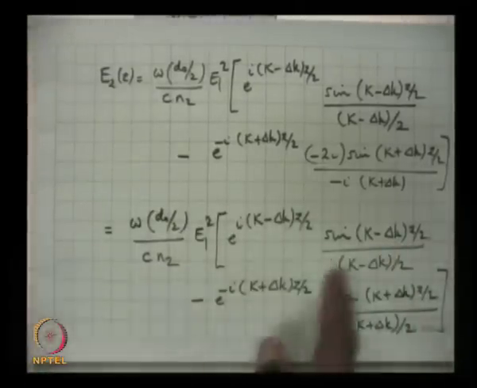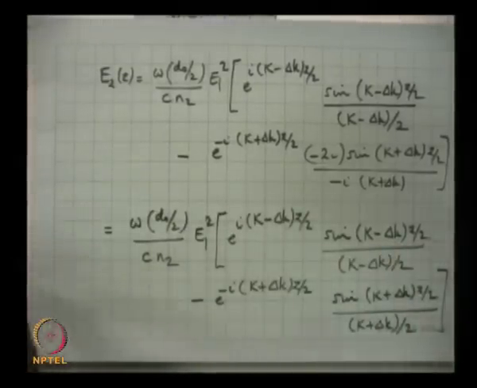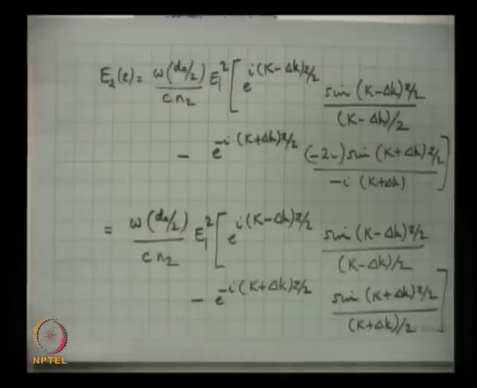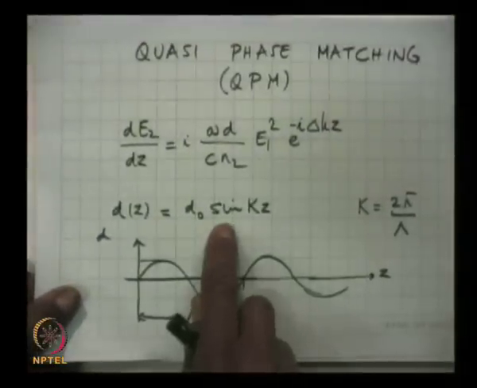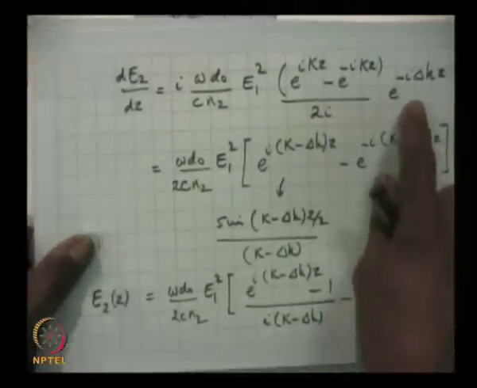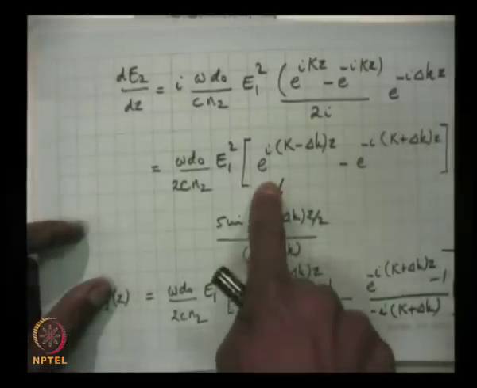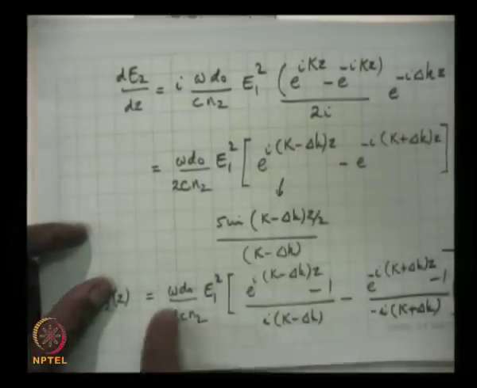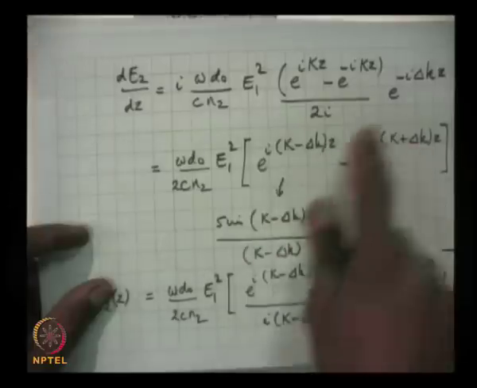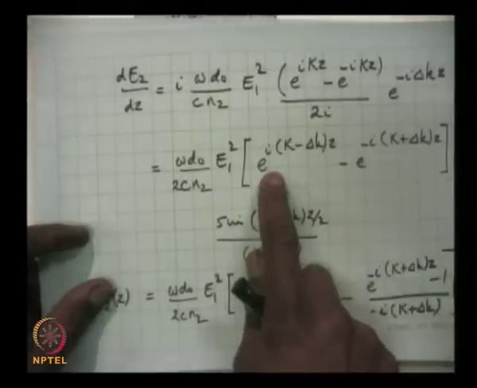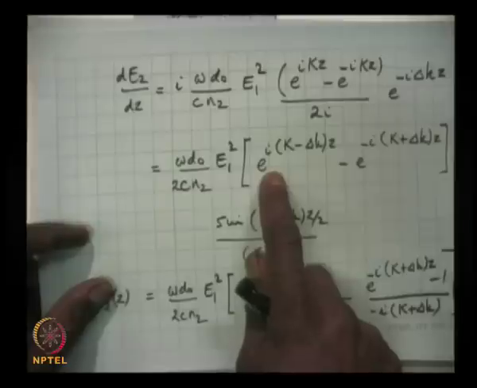I have gotten rid of one of the terms, exponential i delta k z. What I have done is, by taking a sinusoidal dependence of d, I have converted the exponential minus i delta k z to a sum of two exponentials, and one of them I can make 1. If I choose capital K equal to delta k, this is 1, this is not 1, and this 1 integrates to give me z. In fact, that is what is happening.